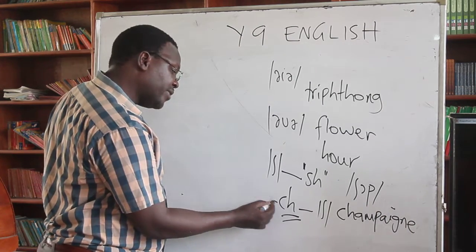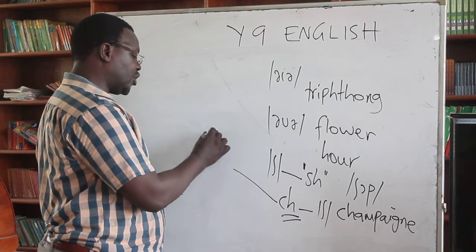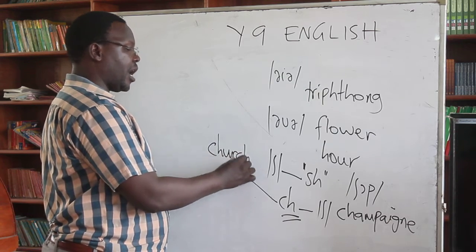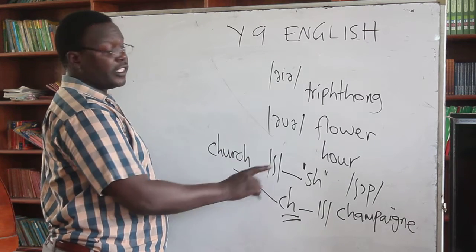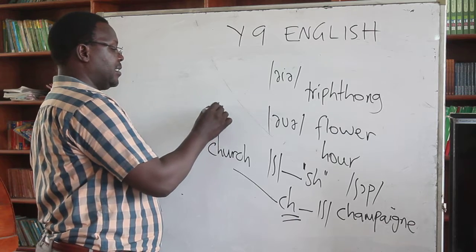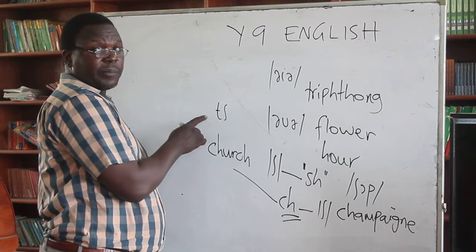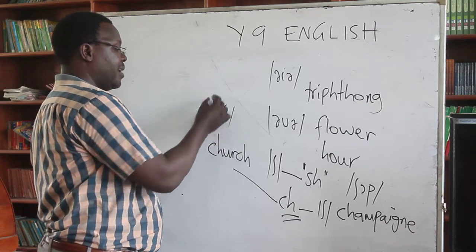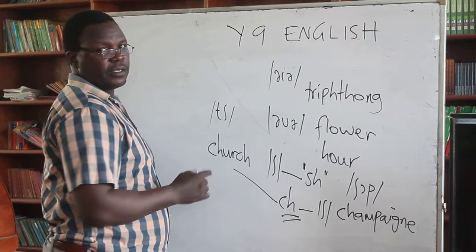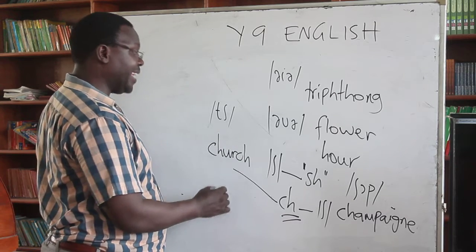But we also have this CH for words like church. So the sound is different. It is that elongation plus a T behind it for words like church. We also have words like judge.